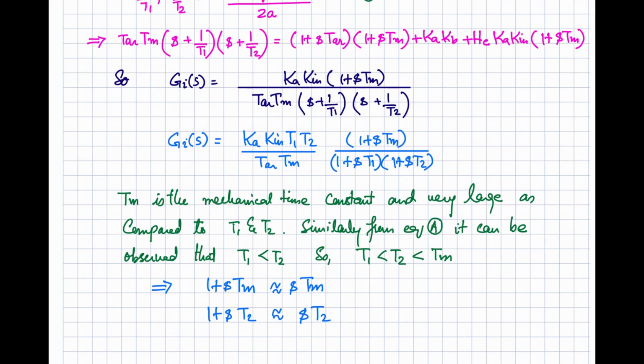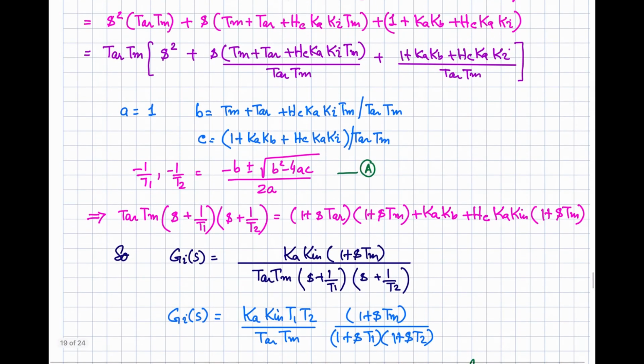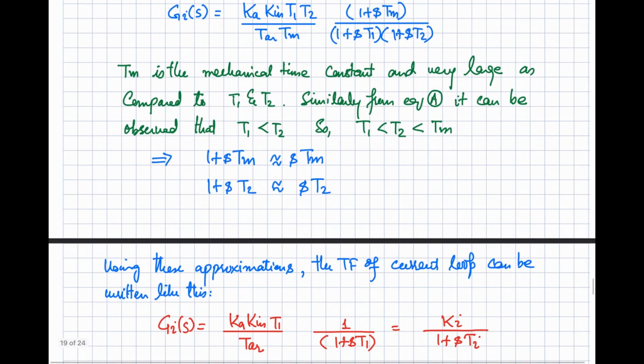So looking at the relationship between T1, T2 and Tm using this quadratic formula and the motor parameters, you can say that 1 plus sTm will be nearly equal to sTm. We are going to make another approximation, 1 plus sT2 is nearly equal to sT2, and T1 will be simply considered a constant, because T1 is the smallest of these three constants.